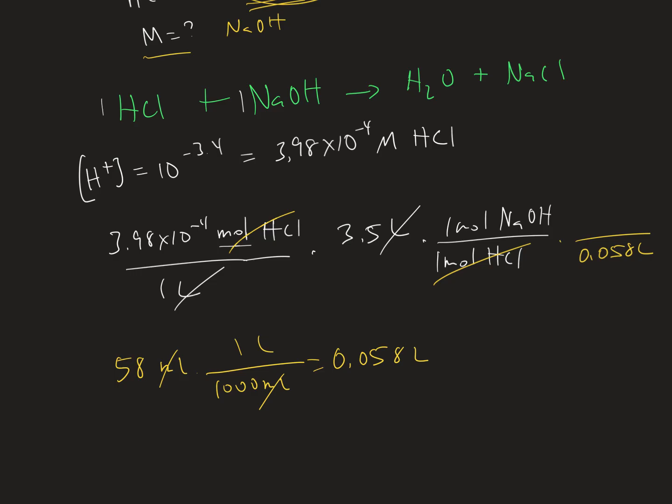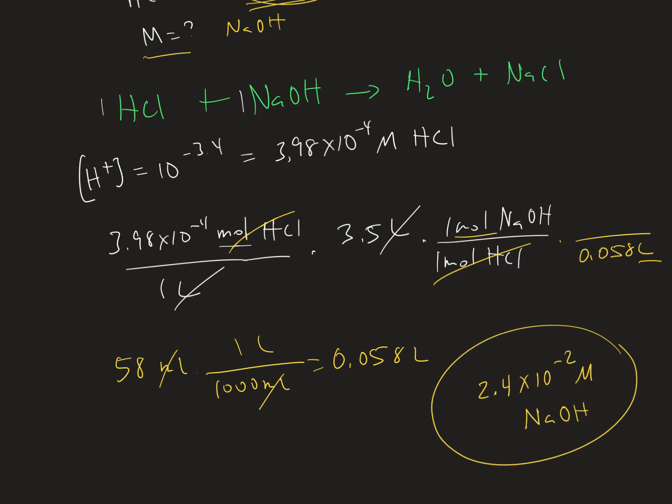Now I have moles per liter, and that's what I'm looking for. And I get 2.4 times 10 to the negative 2 molar concentration of NaOH. Okay? Was that a lot?